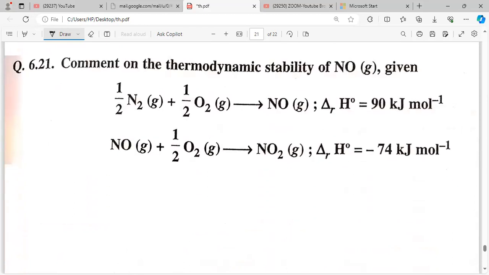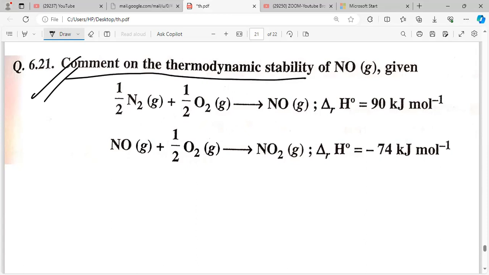Okay, next one. Here you check the question number 6.21. See, what is there here?